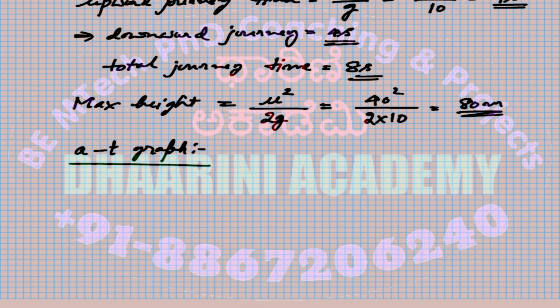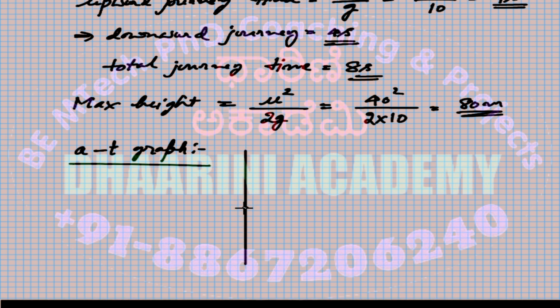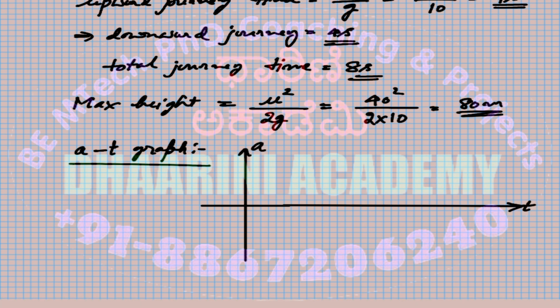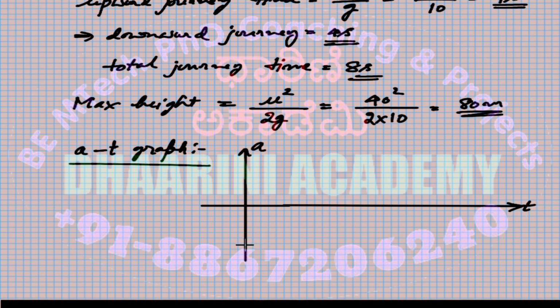Since we know both these values, we are supposed to draw the graph with accurate values. So let me draw the graph. This is the time, this is acceleration, and for this given problem, it's going to be a constant value and it remains constant for a certain duration.